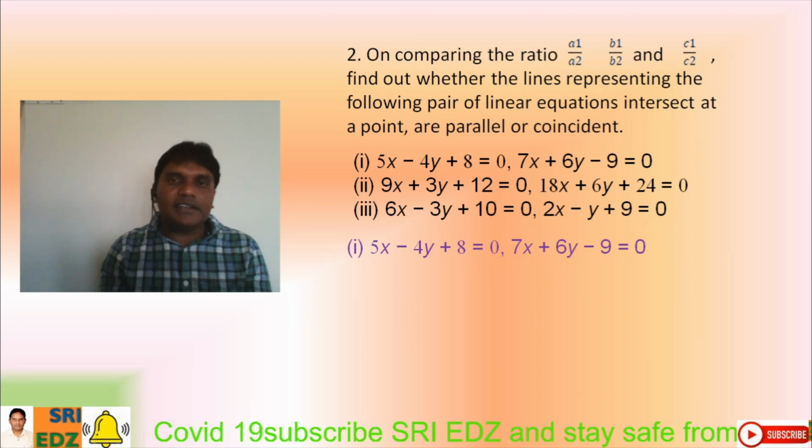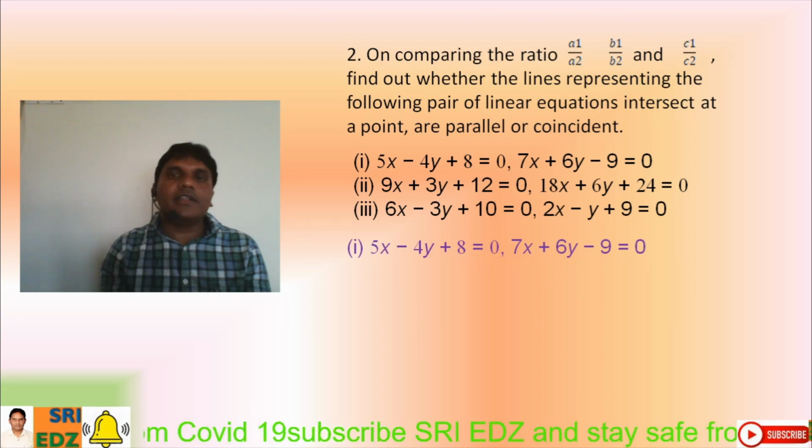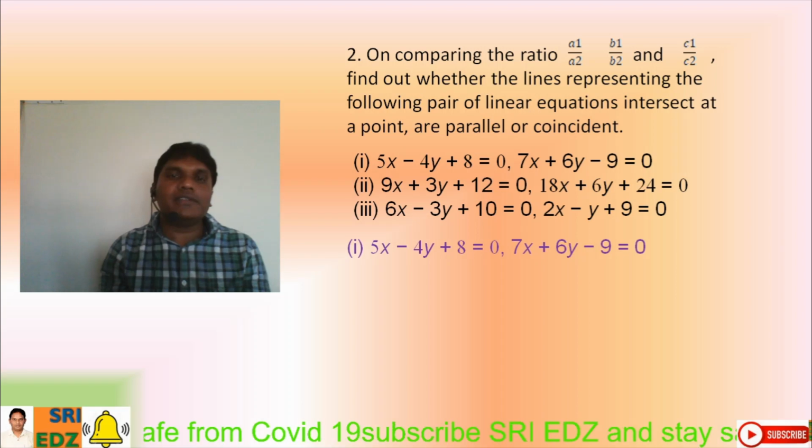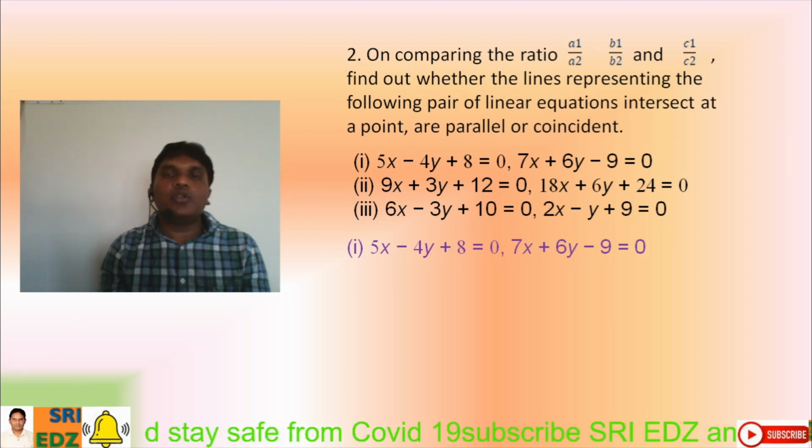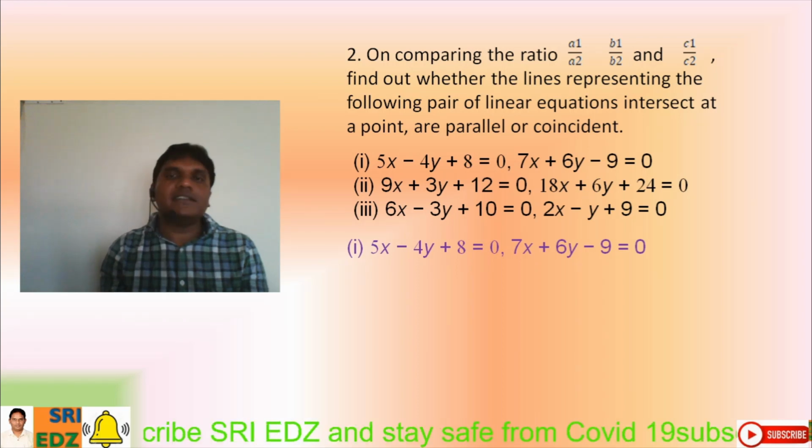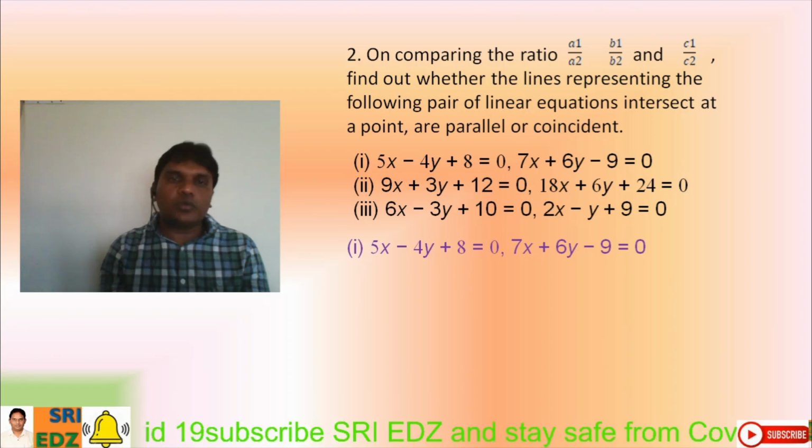And if a1 by a2 is equal to b1 by b2 is not equal to c1 by c2, then we can say those lines are parallel. That means they are inconsistent, and there is no solution for that. And the third condition we have, a1 by a2 is equal to b1 by b2 equal to c1 by c2.